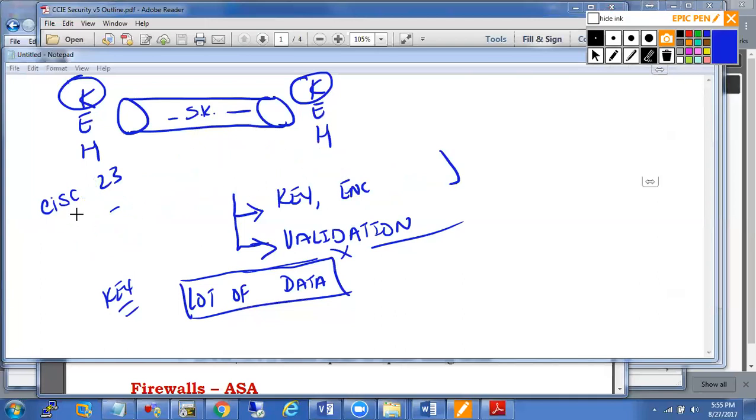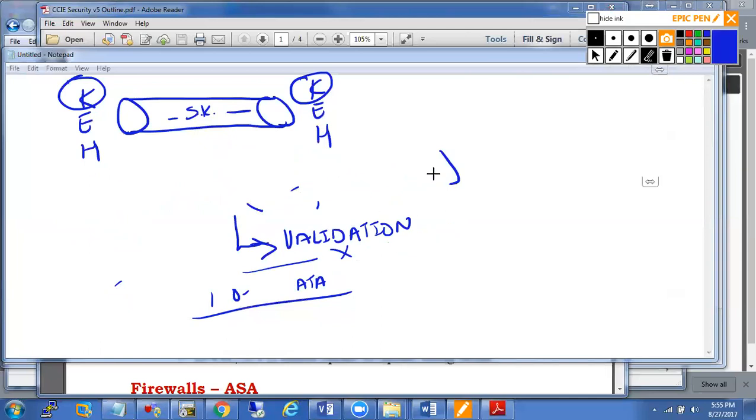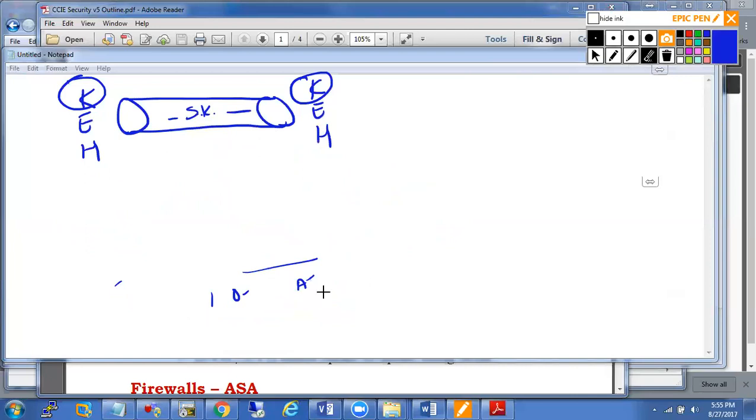So our objective right now is to figure out the alternative to what? To your pre-shared key. The alternative over here is your PKI. Now, what is PKI?